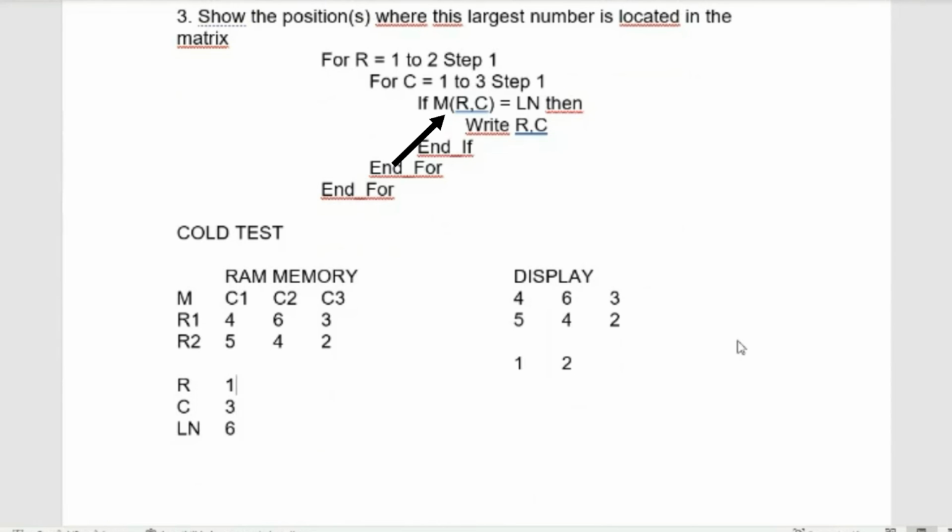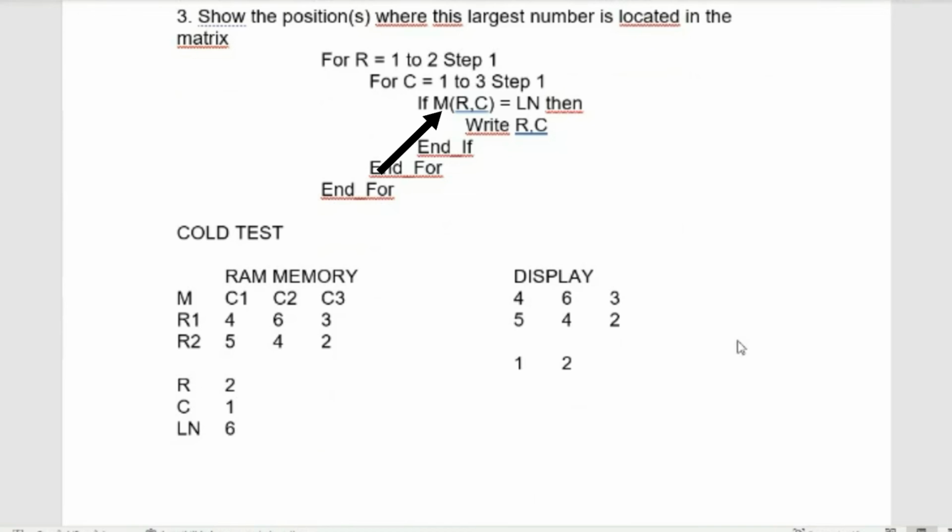Now ask if matrix M, row 1, column 3, that means this number 3 is equal to this 6, false. So, and if not and not, because the top of C is 3, so increase R in 1, that means 2, and again C is coming back to 1.